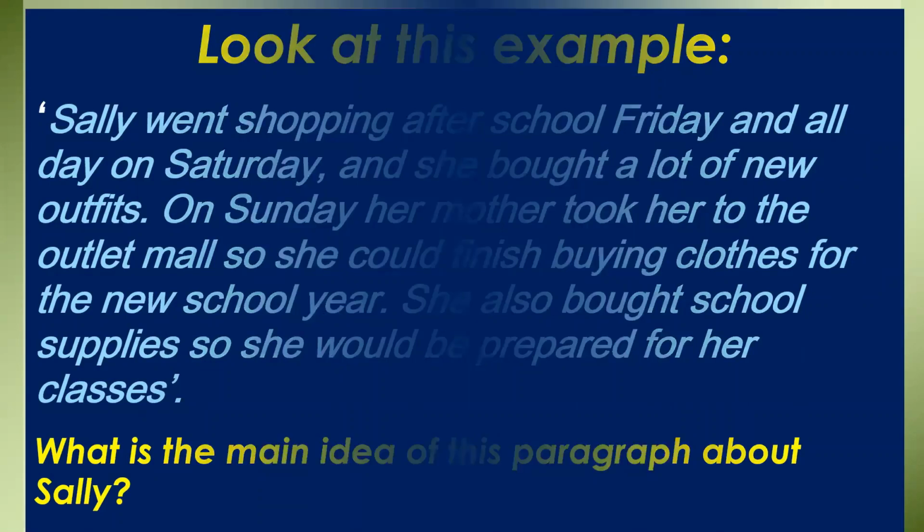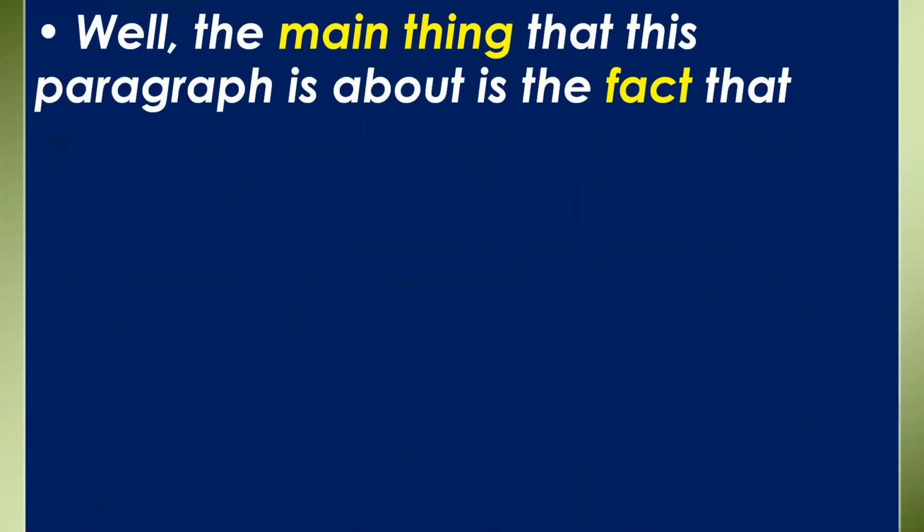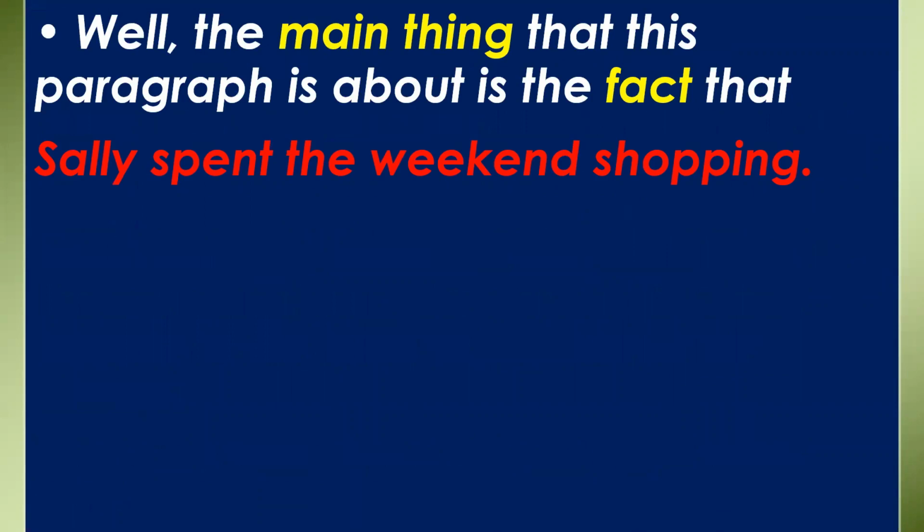So look at this one here. The main thing that this paragraph is about is the fact that Sally spent the weekend shopping. Look here. So this can be the right way to write the main idea. Sally spent the weekend shopping.